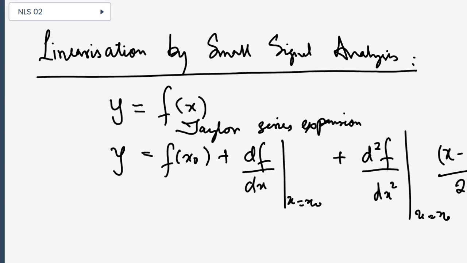Now y is equal to f of x is a nonlinear equation. Using the Taylor series expansion we can obtain the solution of y as this. Now, we'll be finding out the behavior of the system around the operating point. So x minus x naught is going to be very small, and x minus x naught square is going to be even smaller. So all the terms that come after will be very small.